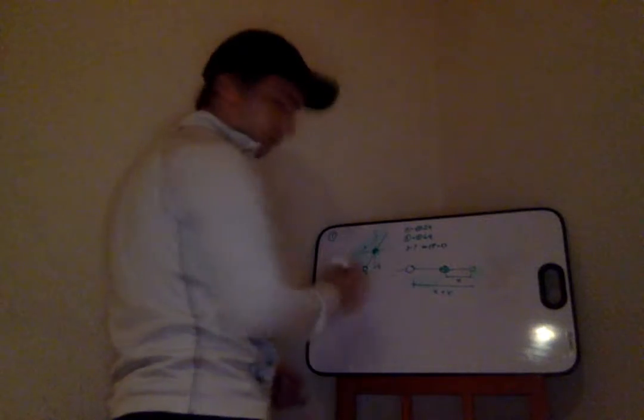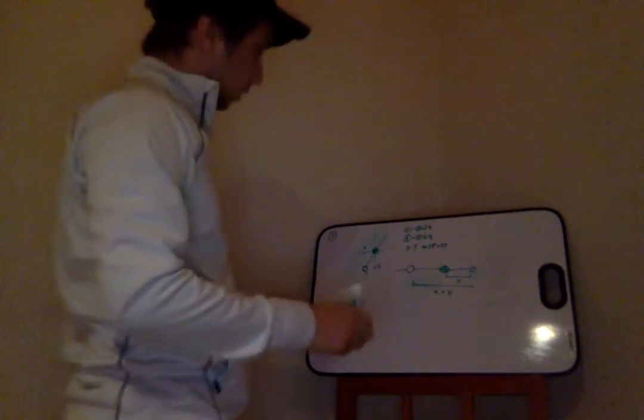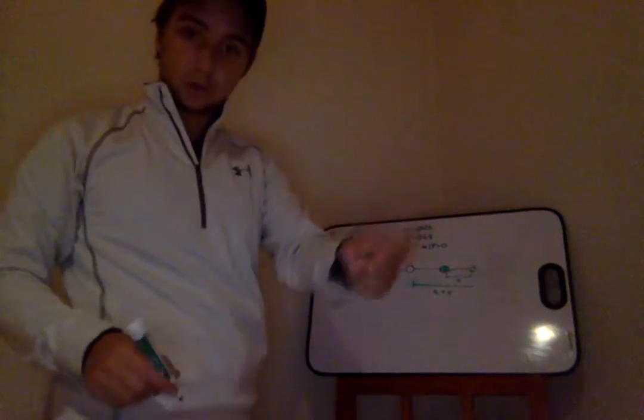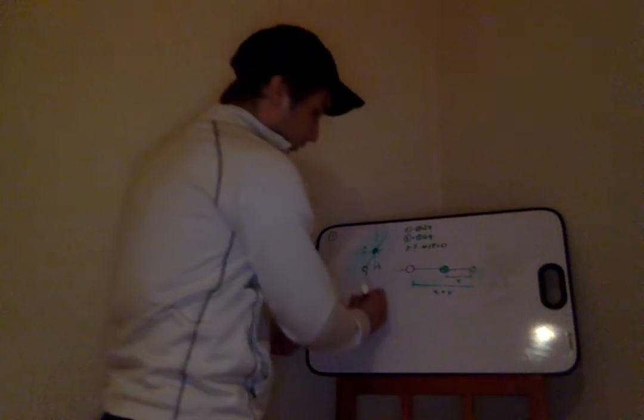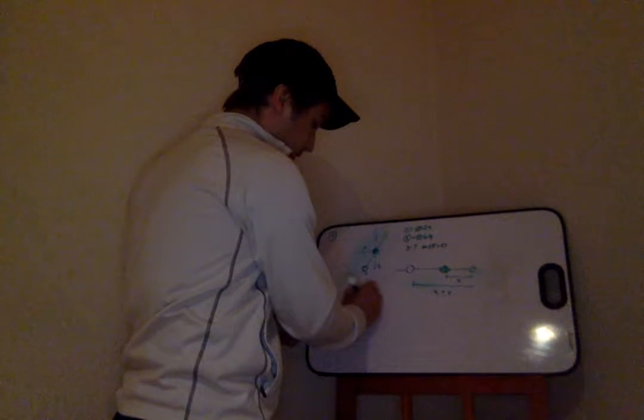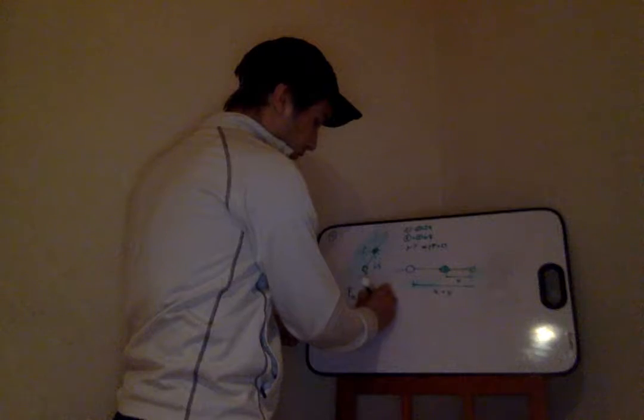If the net force is equal to 0, that means that the force 2 to 3 and the force 1 to 3 are equal. Force 1 to 3 is equal to force 2 to 3.